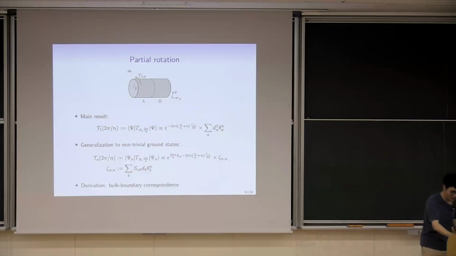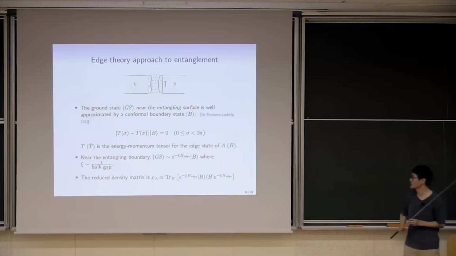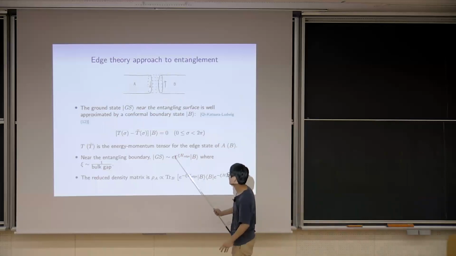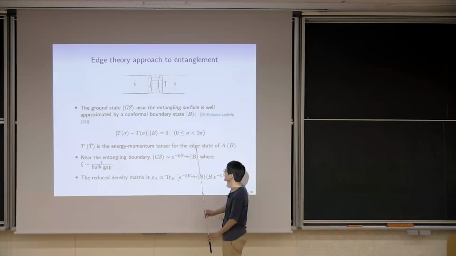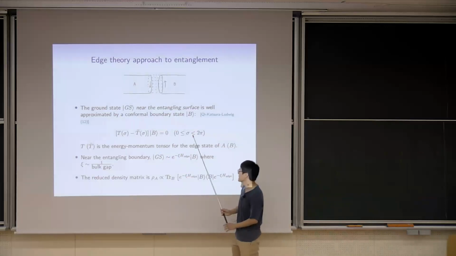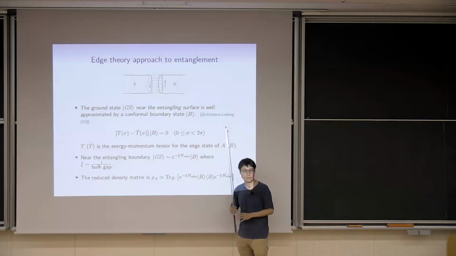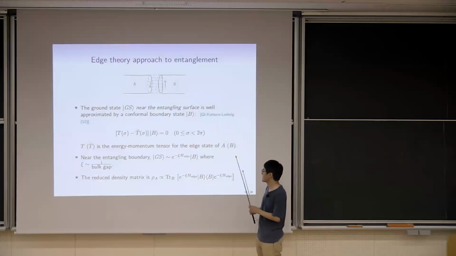A more expanded version of the explanation is here, which perhaps I don't need much, but this is what I'm saying. The entanglement spectrum associated to region A, I can basically read off from the properties of the physical edge state, which is described by some conformal field theory.